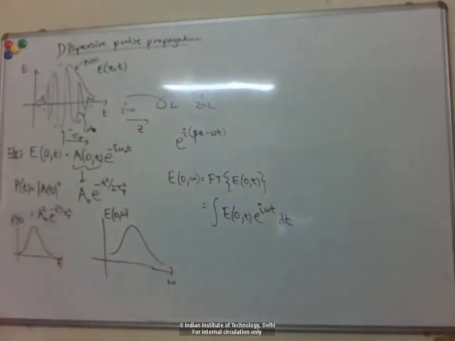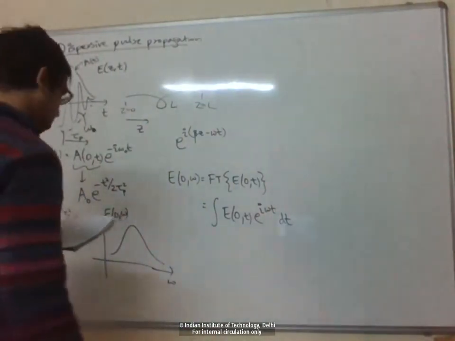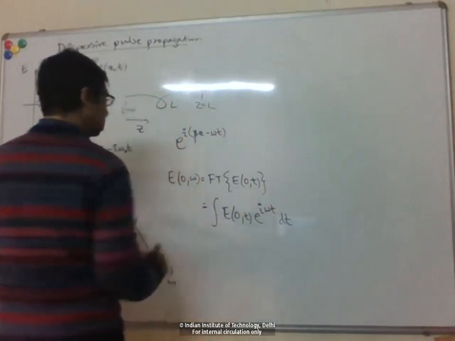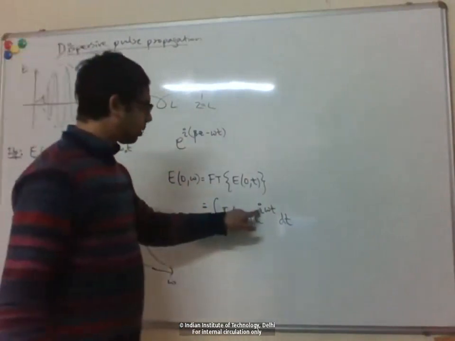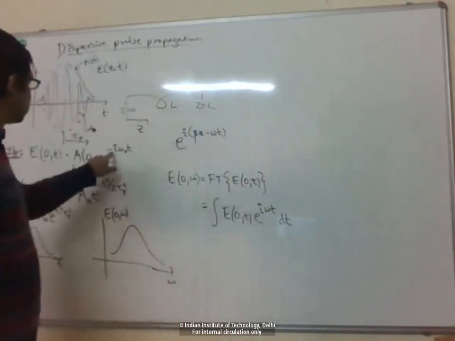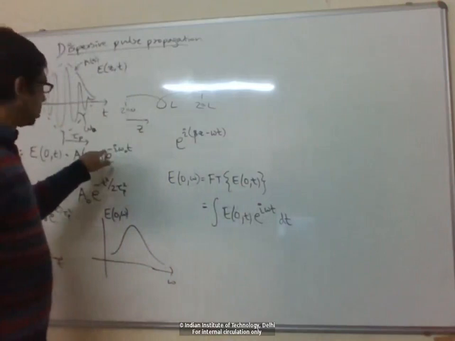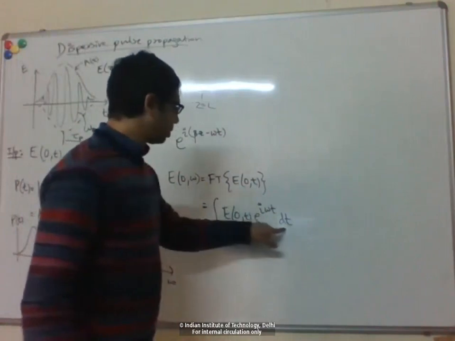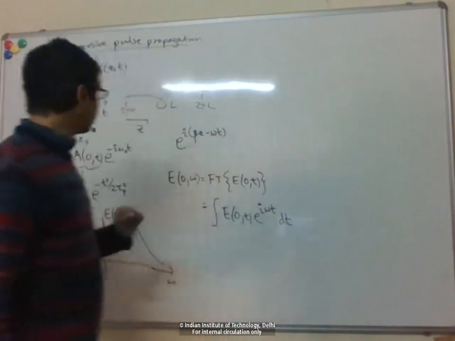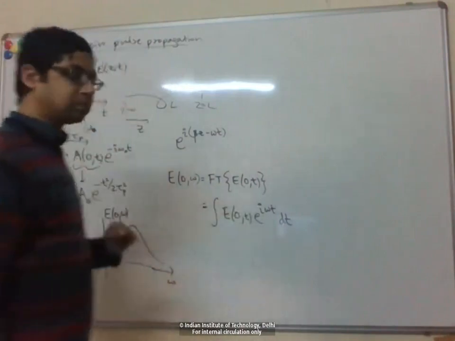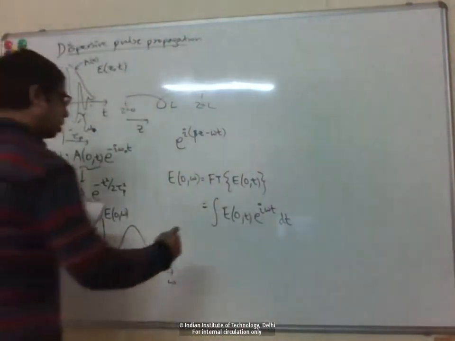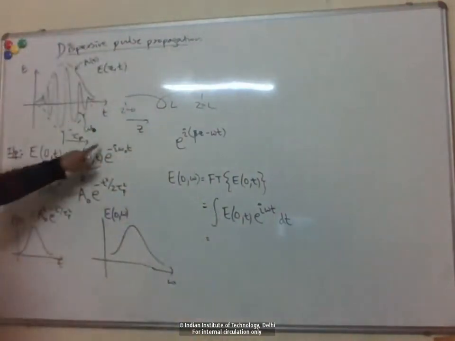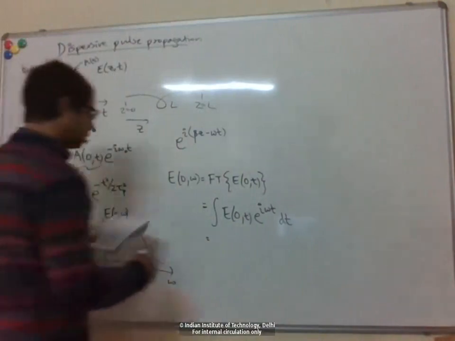Again, there is a convention here whether you want to take plus or minus. If you take a minus here, then in the Fourier transform formula you have to take a plus for the temporal integral. If you take the plus here, then you have to take minus. So we basically plug in this form for the input pulse.